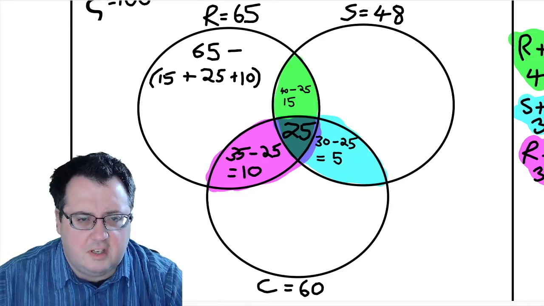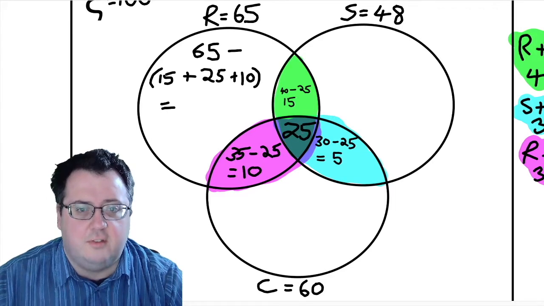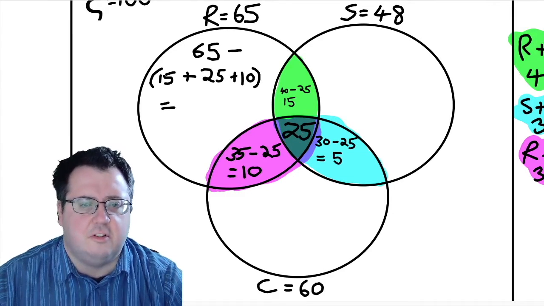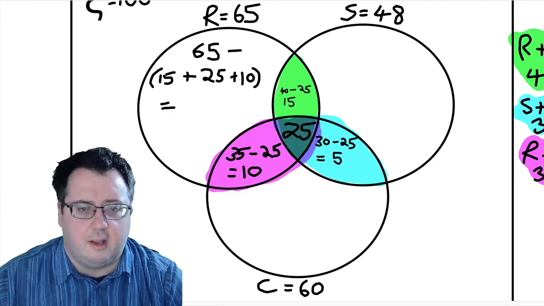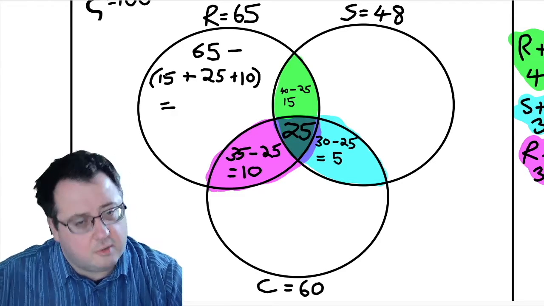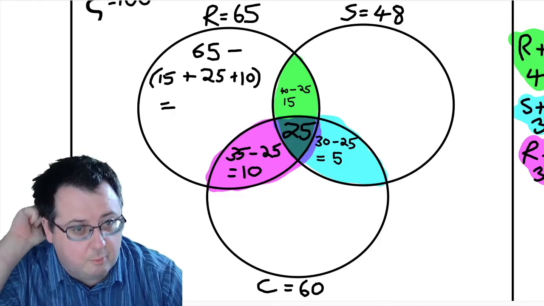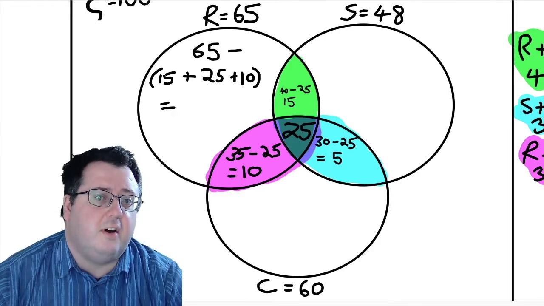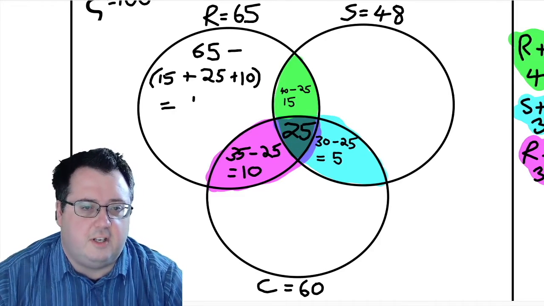So it's easier to add all of the bits of information you know first in order to get the answer out that you're looking for. So 15 add 25 is 40, plus 10 will make 50. 65 minus 50 gives us 15.